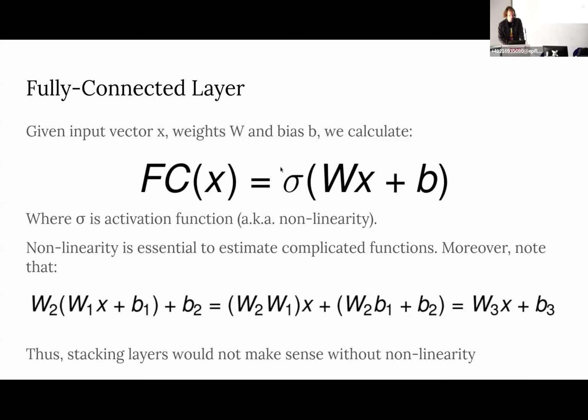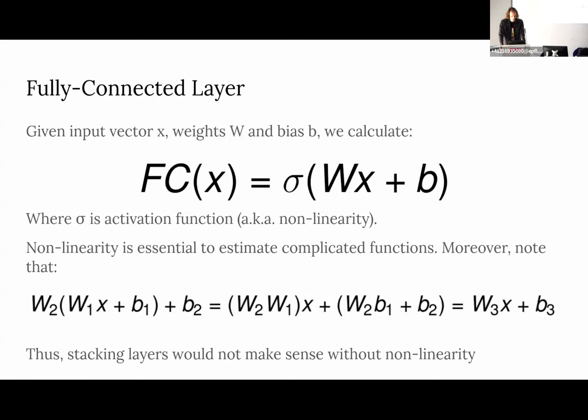And then we apply some activation function, also known as nonlinearity. What is nonlinearity? Nonlinearity is any element-wise function that you apply on your vector. For example, it can be sign. Let's say that if your element is greater than 0, you change it to 1. If it's smaller than 0, you change it to 0 or to -1, let's say. We'll look at types of activation functions on the next slide.